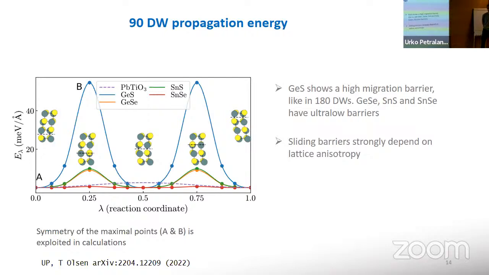Any more questions, comments? Yes, please. I've been following this line of research, and I remember some papers discussing the transition temperature into the ferroelectric phase, especially tin telluride and selenide, doing Monte Carlo simulation fitted to the DFT results.